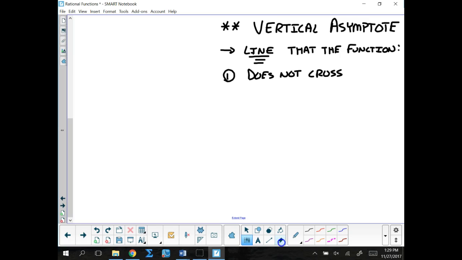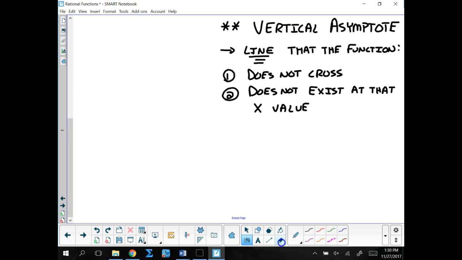It can't exist at 2 in this particular case. Because at 2, we divide by 0. If x is equal to 2, I got 7 over 0, and that just doesn't work out. So it doesn't cross the vertical asymptote, and the function doesn't exist at that x value.